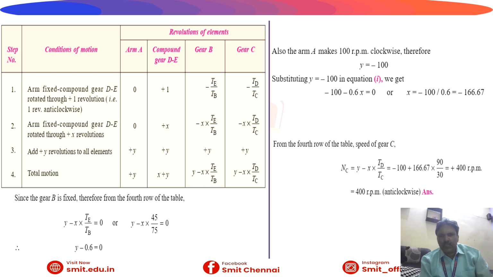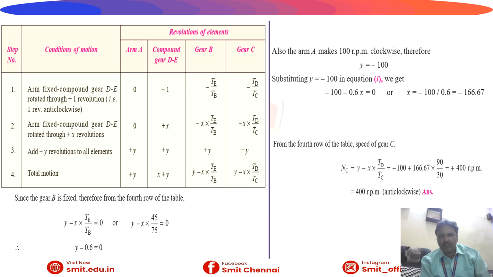Now we use the second condition: arm A makes 100 RPM clockwise. Therefore y equals minus 100, because clockwise we take as minus. Substituting in the previous equation, equation 1, we get minus 100 minus 0.6x equal to 0.